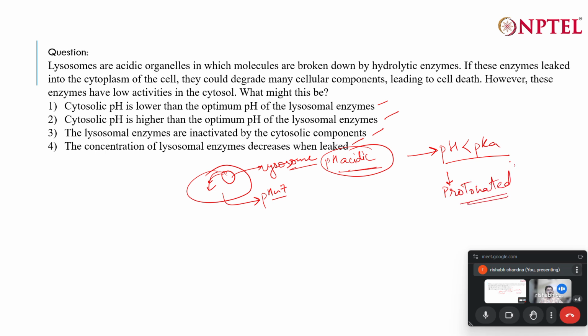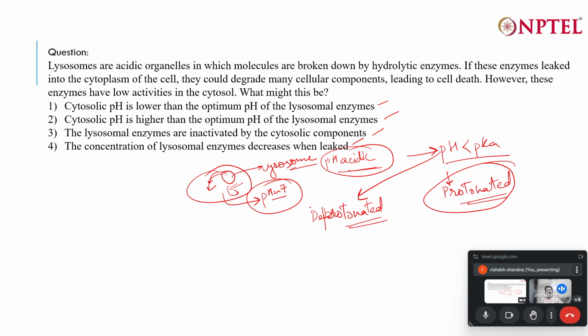Whenever these enzymes come into the cytoplasm at pH nearly 7, these amino acids are deprotonated, leading to inactivation of those enzymes.